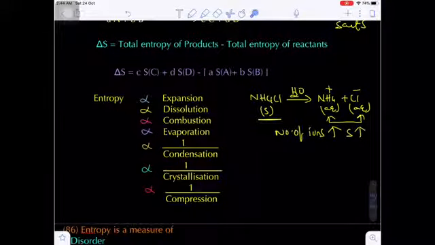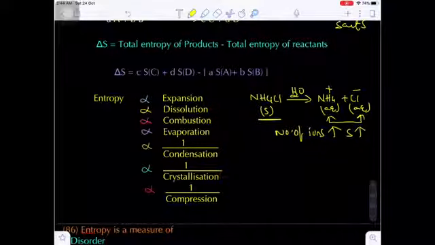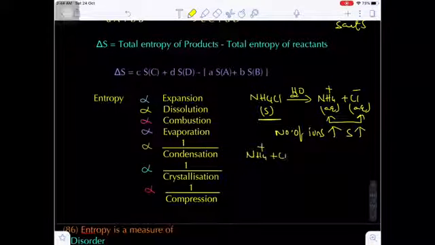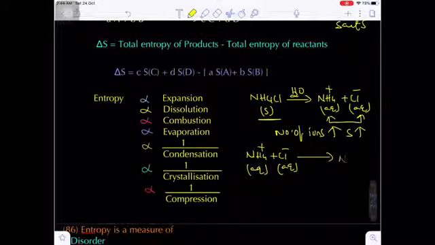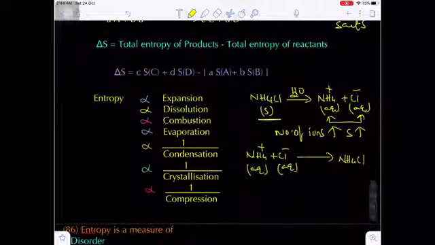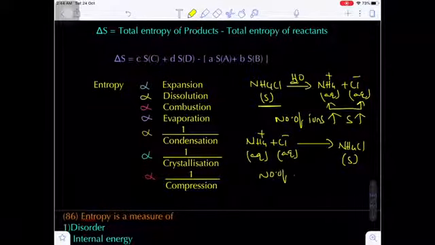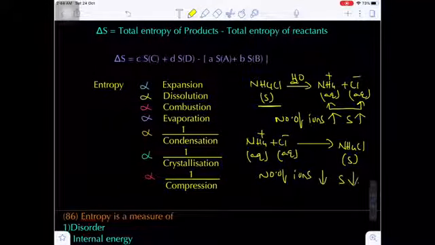Now you see, dissolution and crystallization are two extremely opposite phenomena. Let's suppose in a solution of ammonium chloride we have ammonium ions and chloride ions. Now I am crystallizing the solution, so we will get ammonium chloride crystals. In this reaction, the number of particles from left to right decreases, thereby randomness decreases, so entropy decreases.